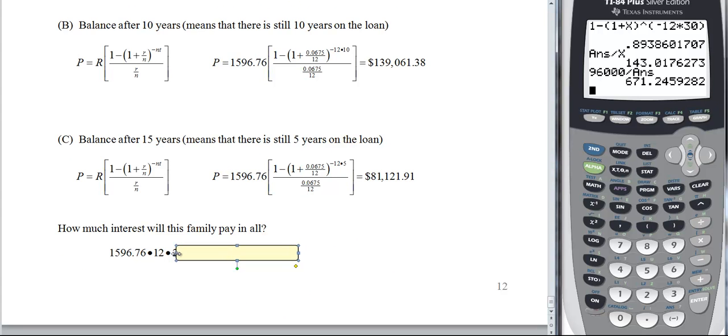And I can't stress enough that you've got to remember to multiply this by 12 because you do it every month for 20 years. And then you take off the amount borrowed, and that's how much interest they're going to pay in all. Almost, not as close to, but about as much as they borrowed. It's sickening, but that's what happens.